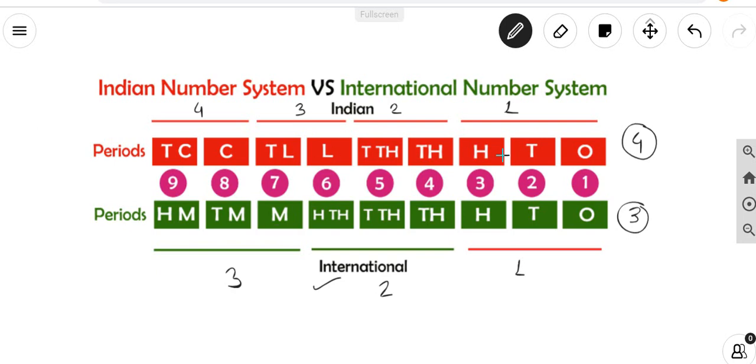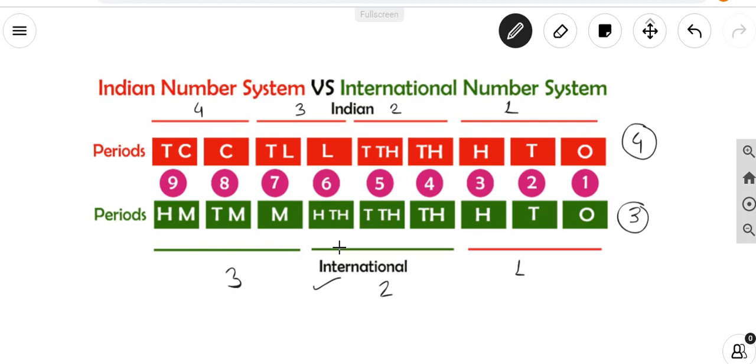It means the ones place of both number systems is equal. The tens place of both is also equal. The 100 place of both is also equal. 1000 equals 1000 place. 10,000 equals 10,000 place.